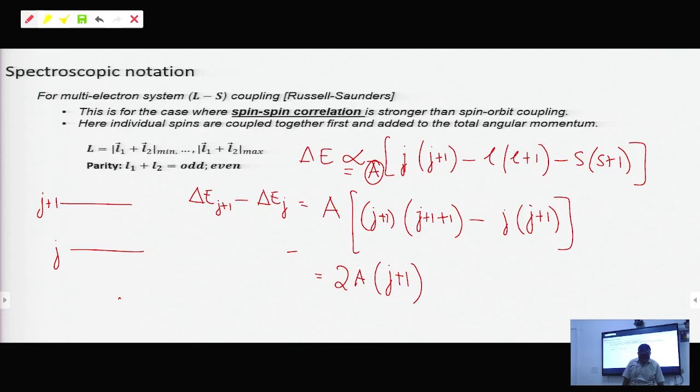The larger of the two J's will be highest. So higher the J, higher the energy. In this case, we have higher the J, higher this.